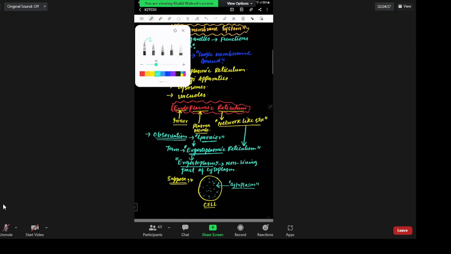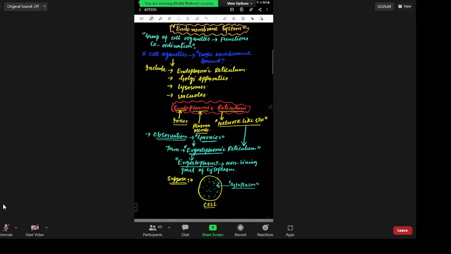Cytoplasm of eukaryotic cells is divided into two parts. यूकैरियोटिक सेल्स का जो साइटोप्लाज्म होता है उसको आप डिवाइड करेंगे दो पार्ट्स. सपोज ये एक पार्ट है और ये दूसरा.